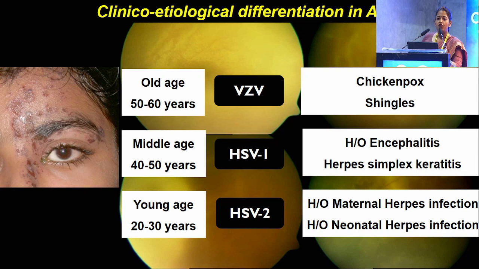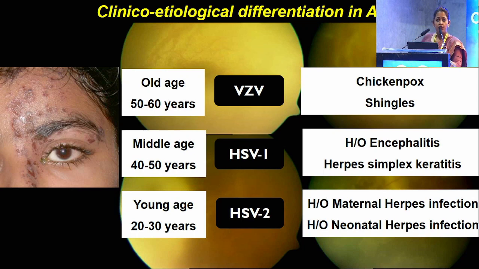If there is history of meningitis or encephalitis in the recent past, or there is evidence of herpes simplex keratitis, healed or active, HSV1 should be the likely cause. If there is history of maternal or neonatal herpes infection, or if the acute retinal necrosis is occurring adjacent to a pigmented scar, then HSV2 should be kept in mind.